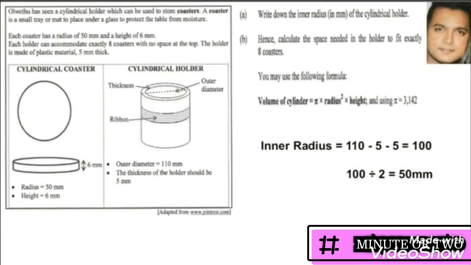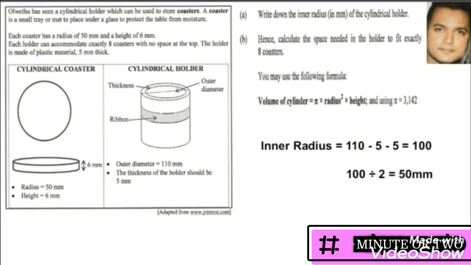Write down the inner radius in millimeters of the cylindrical holder. We are given the diameter of the cylindrical holder, which is 110. Now we are also given further information that the thickness of the cylindrical holder is 5 millimeters. So in looking at the diameter and looking at the distance it covers, we notice that it covers 2 sides of this particular holder. So you have 5 millimeters on one side, 5 millimeters on the other side.